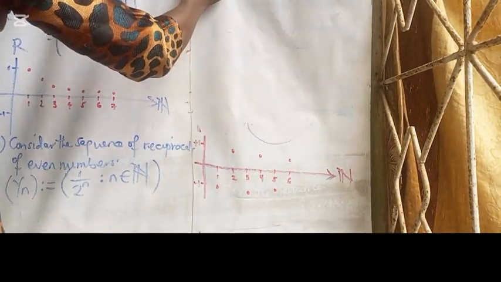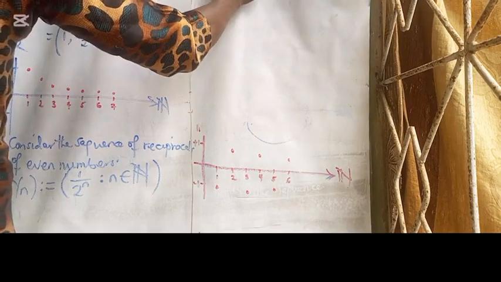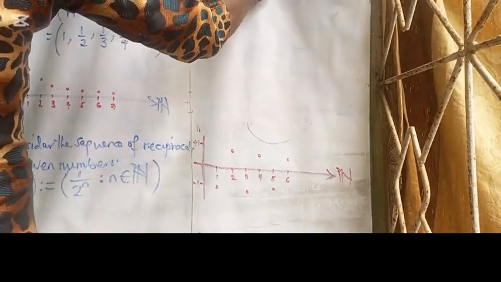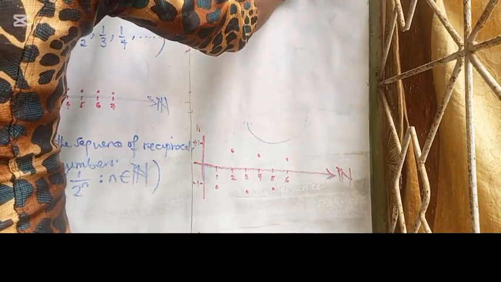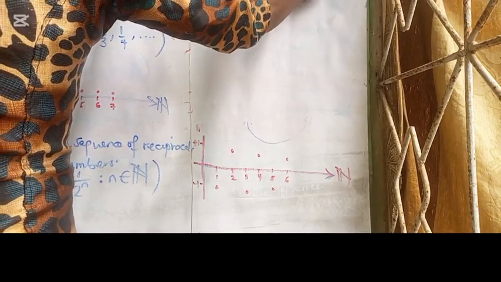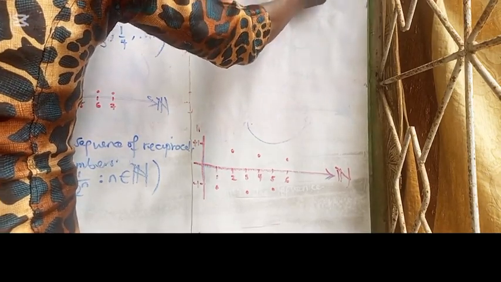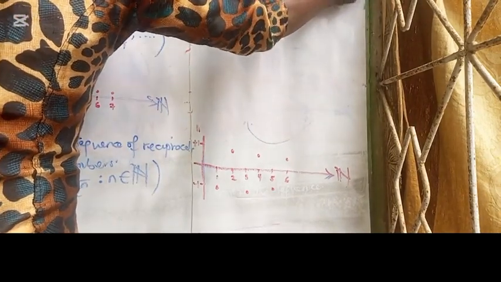The terms in the sequence Yn will be 1 over 2, 1 over 4, 1 over 8, 1 over 16, and it continues like that.